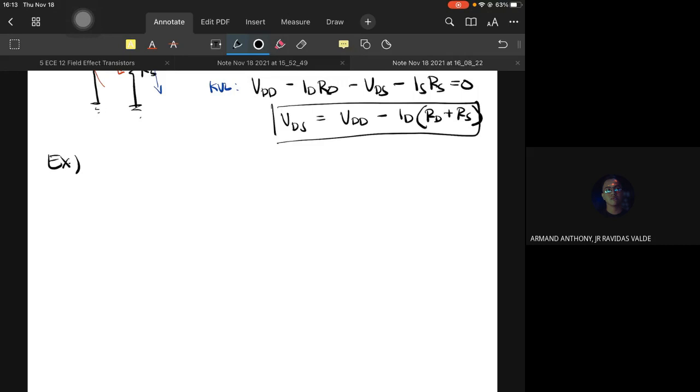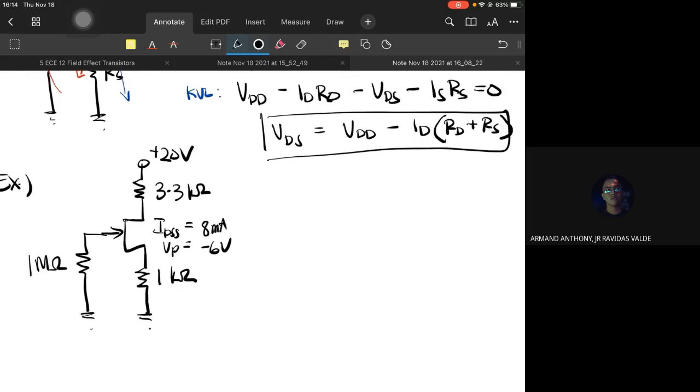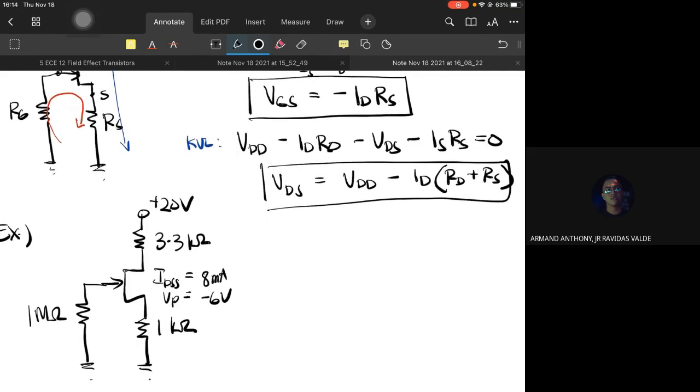Example. So let's solve this example. VGS is equal to negative ID RS.